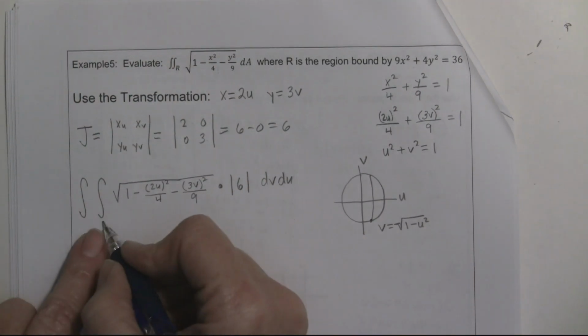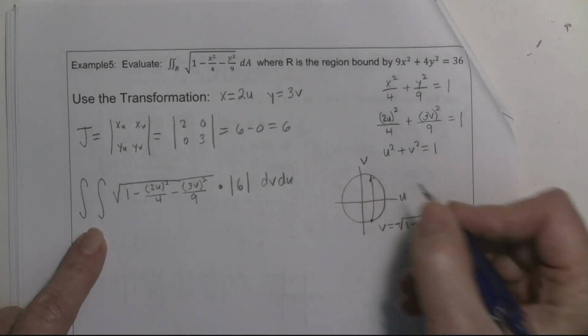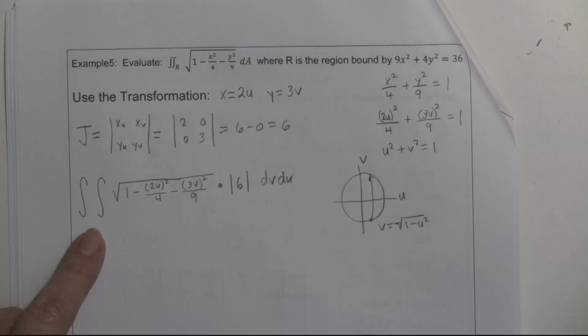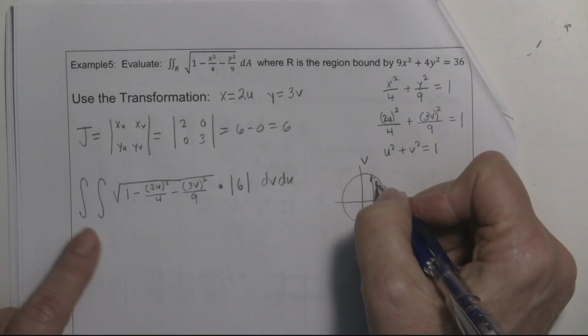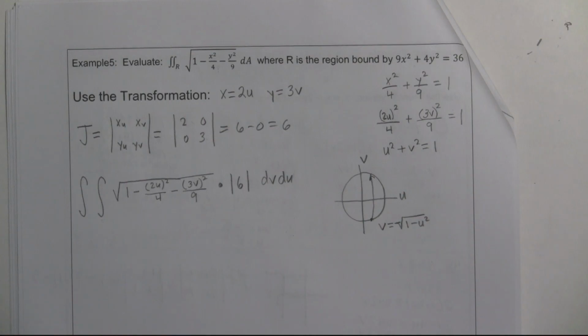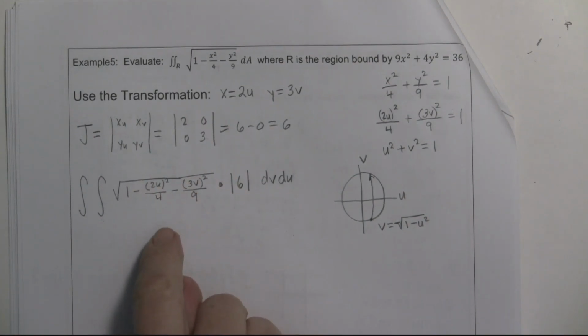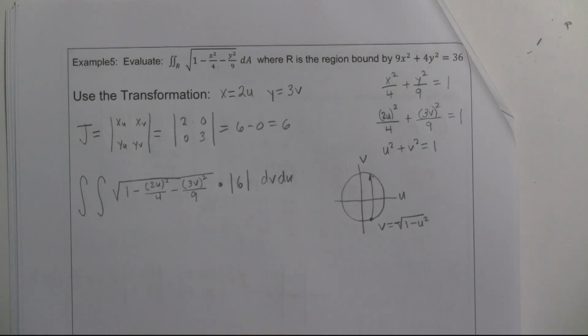That's what I would have for my lower bound, and my upper bound would be the top half of that circle. Can you imagine? Then I would try to integrate this thing, which I'm not even sure how I'm going to integrate. It would be such a mess.